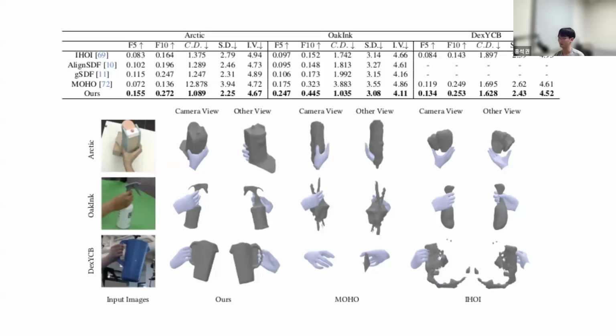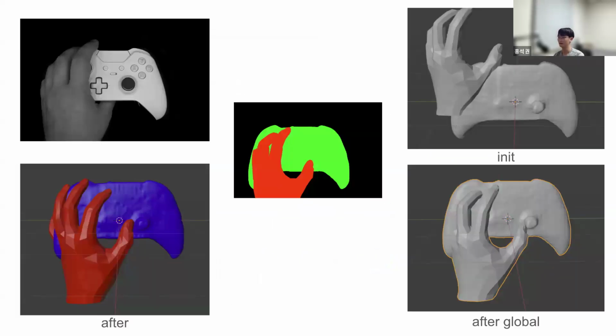And this is the quantitative comparison with other methods like IHOI, AlignSDF, etc. This is the final result that I got when I ran the code. The upper left one is the original RGB image, and the final result is at the bottom left.